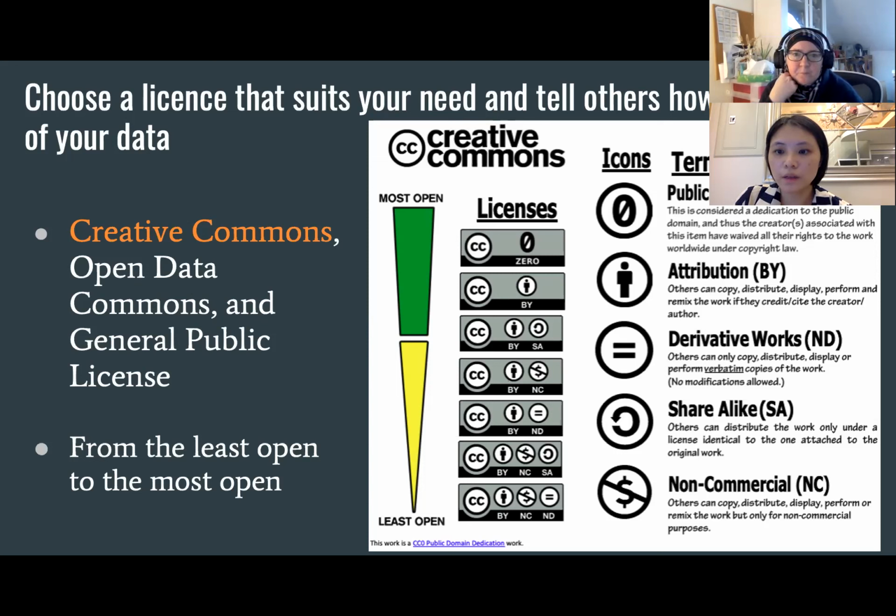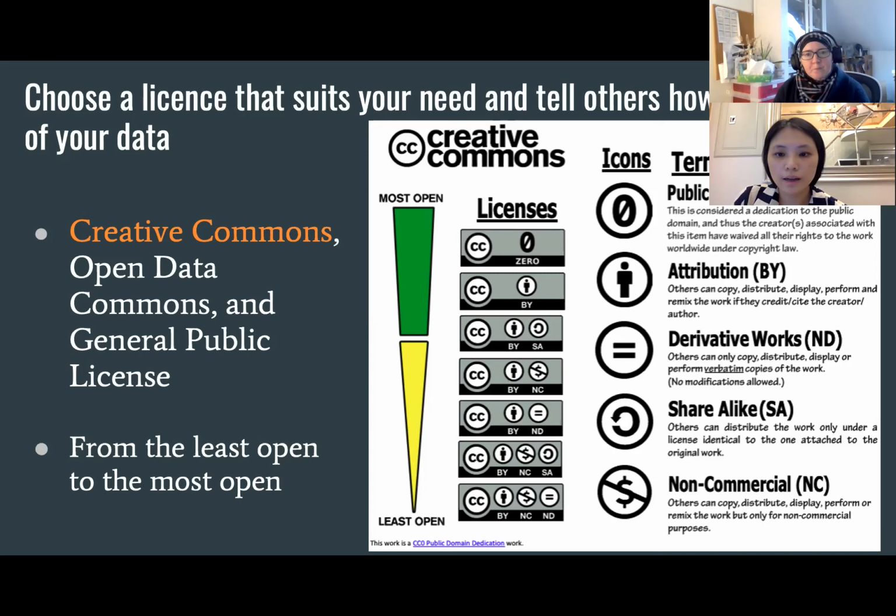Creative Commons provides different licenses to indicate conditions for use, from the least open to the most open. For example, you can see CC0 here. This means you waive copyright interest and dedicate it to the public domain.